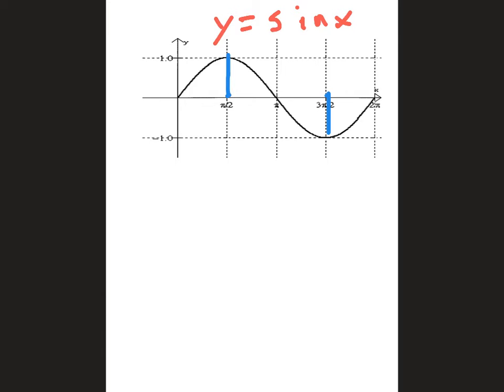So this 1 right here is the amplitude. This length of 1 here is the amplitude. So we say that the graph of y equals the sine of x normally has an amplitude of 1.